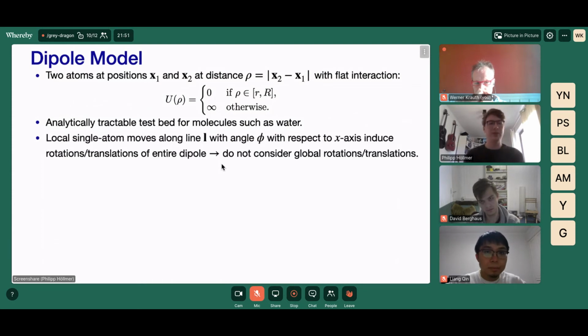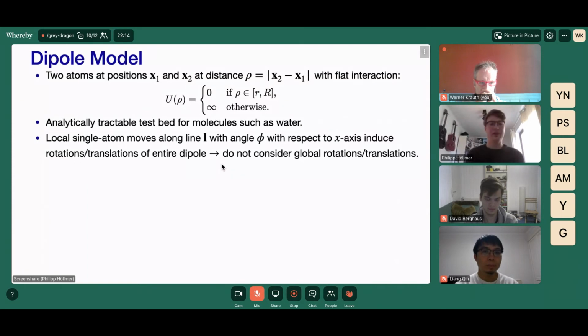We now assume that we have some local MCMC method with local single atom moves, and we can always formulate this single atom move that moves some atom along a line L, which has the angle phi with respect to the x-axis. So in the following, I will always parameterize a direction of a single atom move by this angle phi.